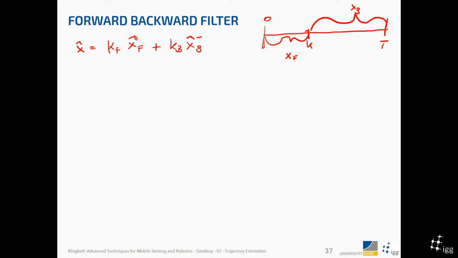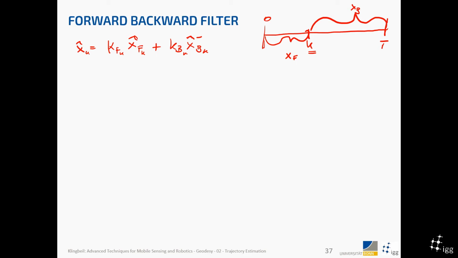The reason that we use a predicted here and here we don't use a predicted is pretty simple. If you are at that time k here, so this has a k, this has a k, this has a k, this and this, then we can't use the measurement at time tk twice.